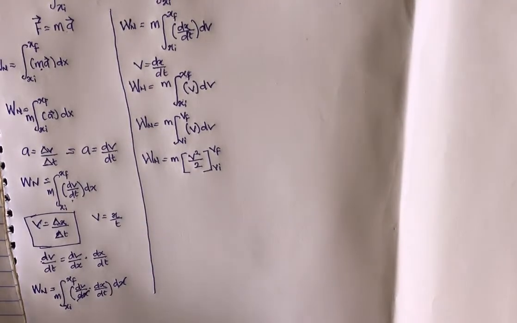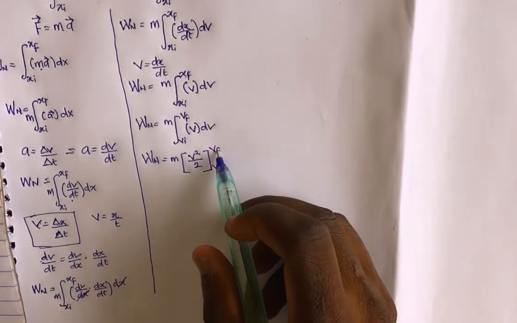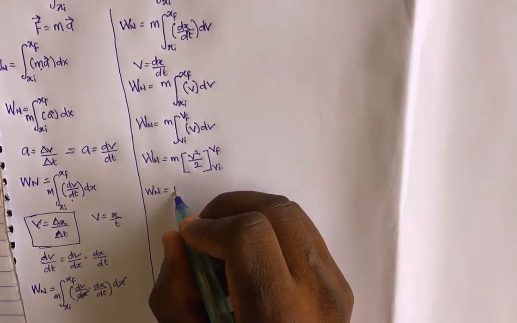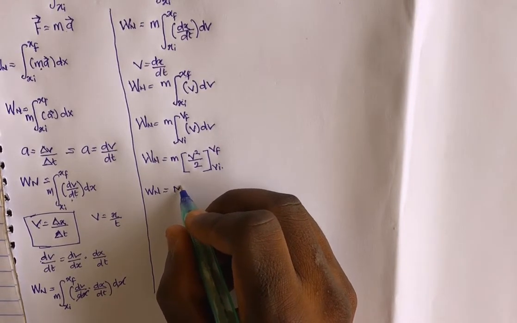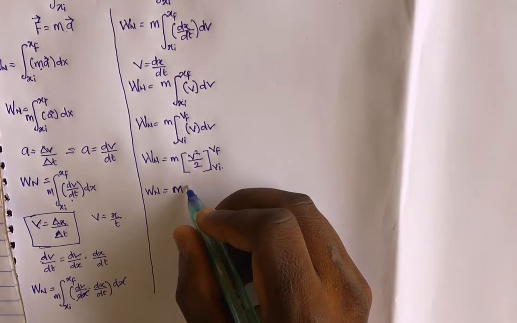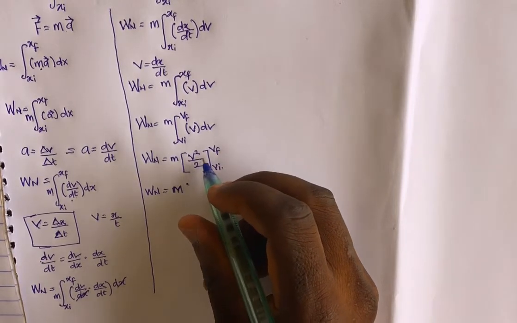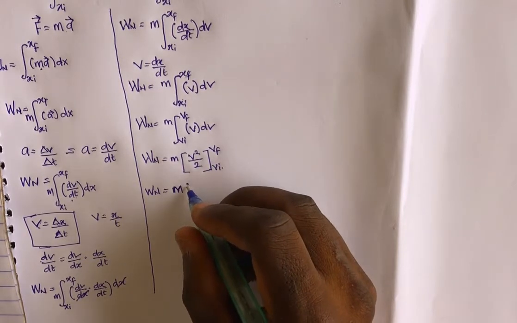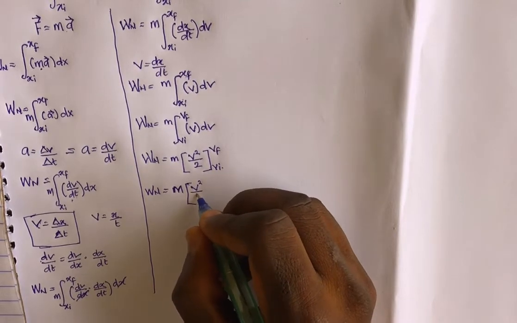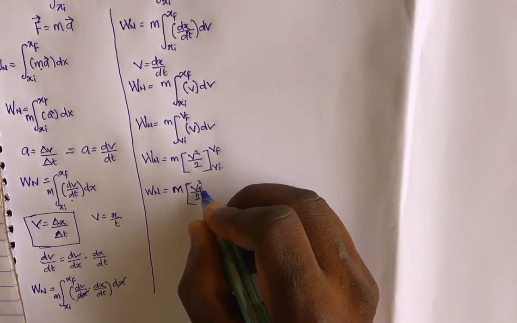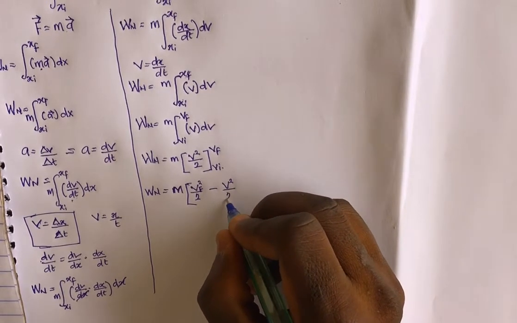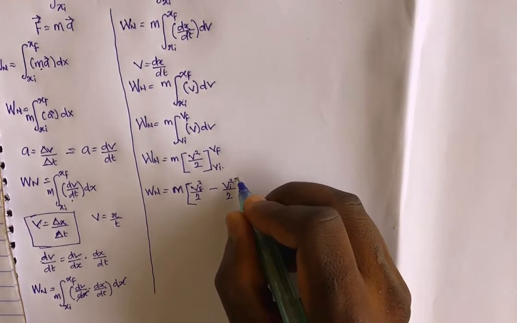So what can I do here? I can just separate them because I have an upper limit and also a lower limit. I'll have net work done equals mass, multiplied by v squared over 2, which is my final v, minus v squared over 2, which is my initial v.